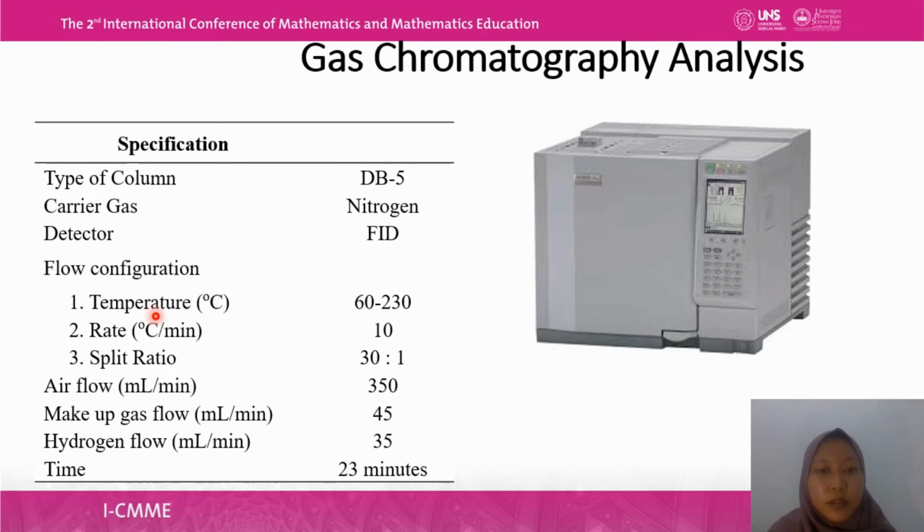For configuration, temperature 60 until 200, 130, and then the rate 10 Celsius per minute, split ratio 30, and then airflow 350, makeup gas flow 45, and hydrogen flow 35, and the time of analysis is 23 minutes.